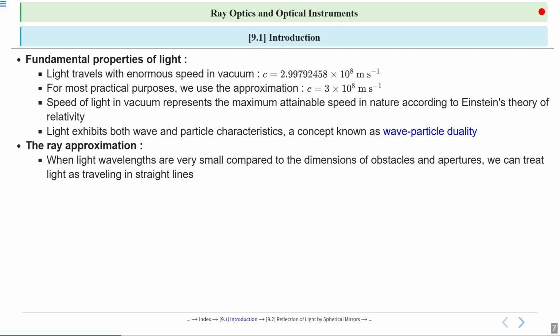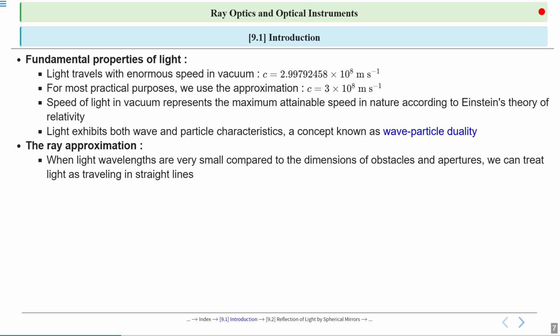Light is a wave, so the electric and magnetic fields which constitute the light are sinusoidal and varying with respect to time. But we consider light as traveling in a straight line because in ray optics we assume the dimensions of obstacles and apertures to be very large.